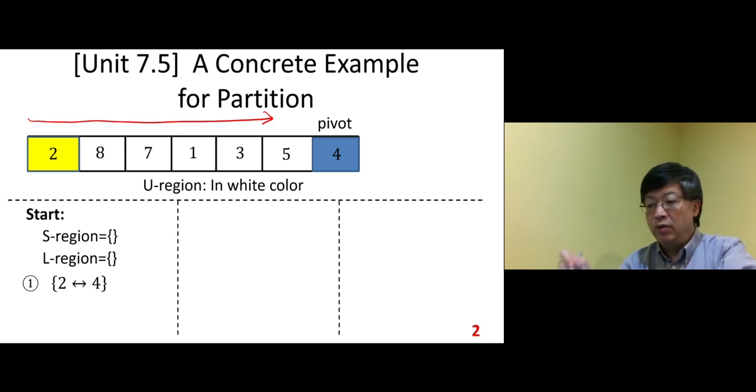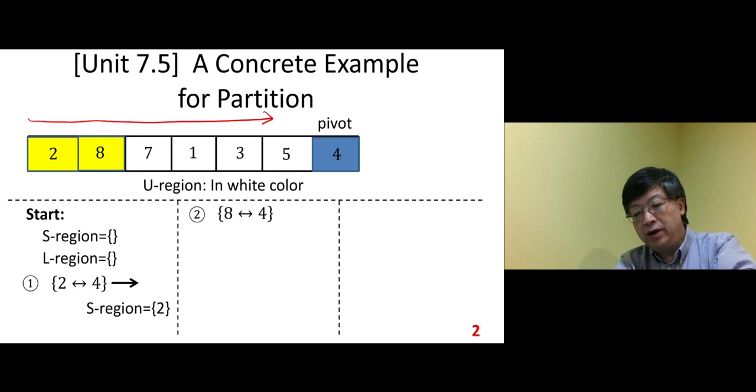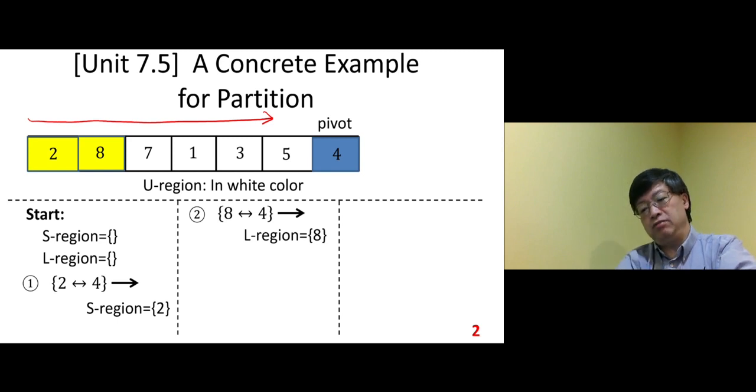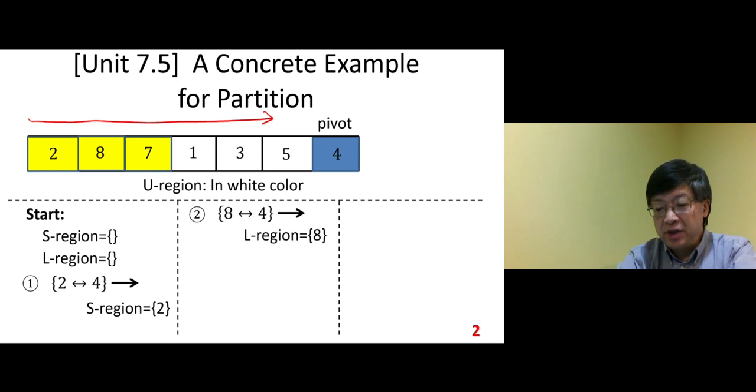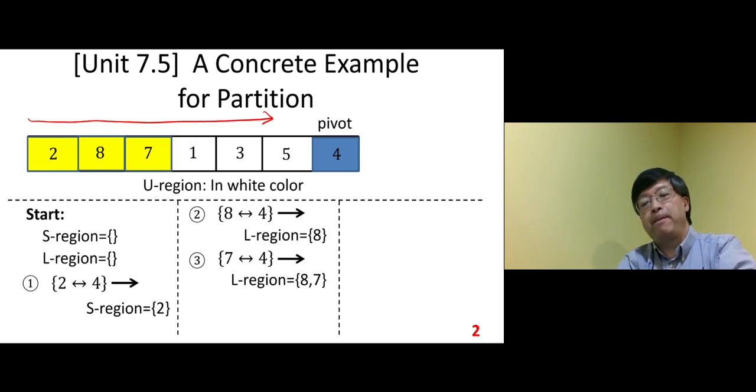Compare 2 with the pivot 4. 2 is less than 4, so we put it in S region. Second element 8, we compare it with 4. It is greater than 4, so we put it in L region. Next element 7, it is greater than 4, so we put it in L region.